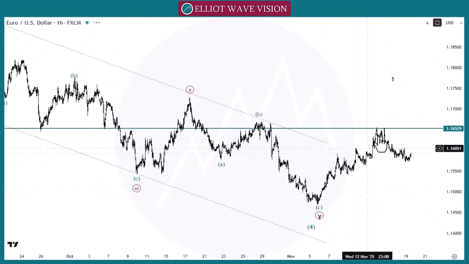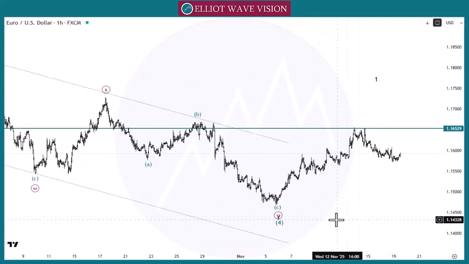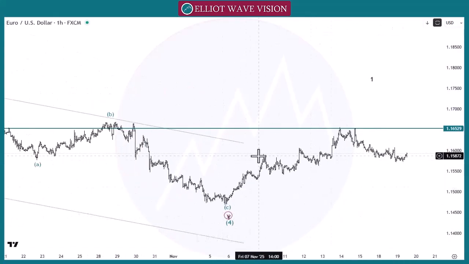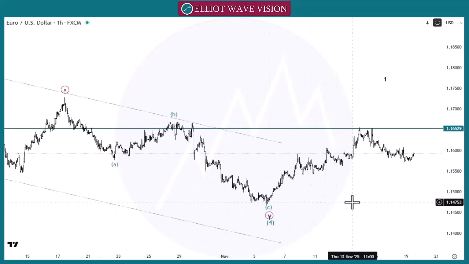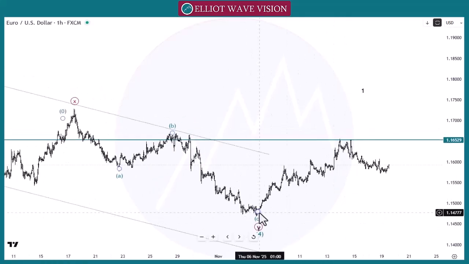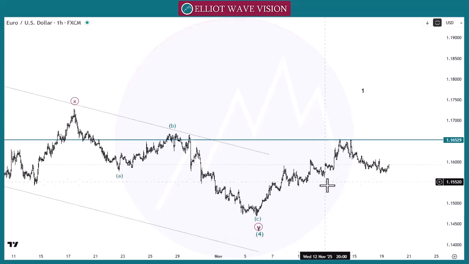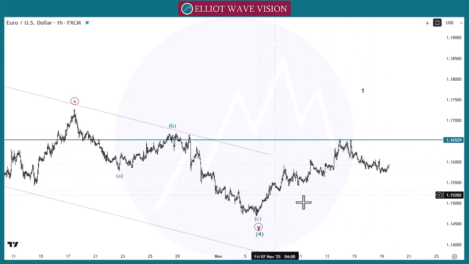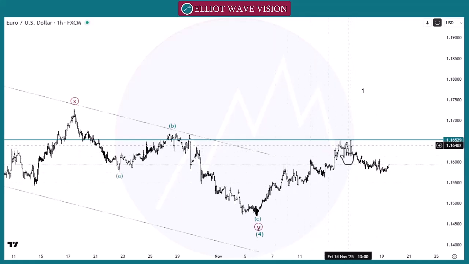I did not label this move because this move looks more like a correction, like wave A, B, C or W, X, Y. If you count it as an impulsive move, it is a little tough, like wave 1, 2, 3, 4, 5, or 4 and 5, A, B and C. So this pattern looks more like the corrective pattern as ABC or WXY.